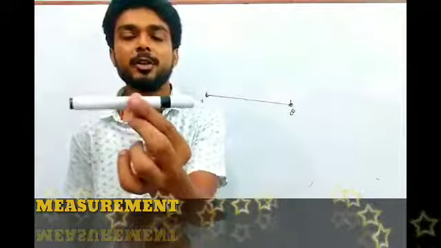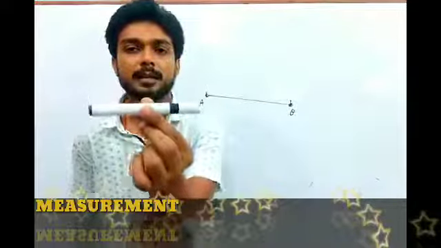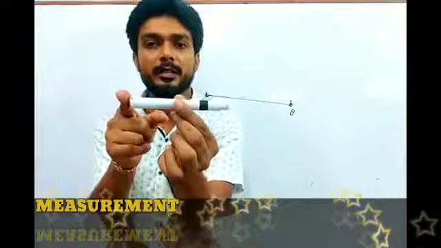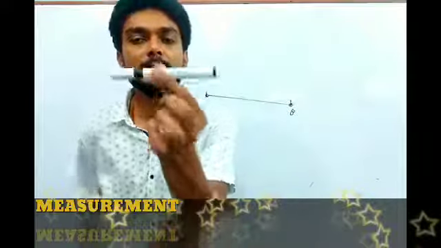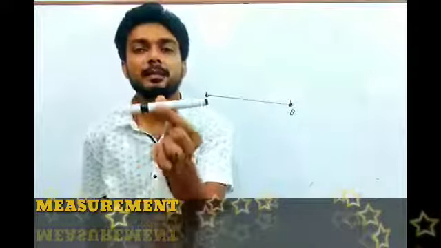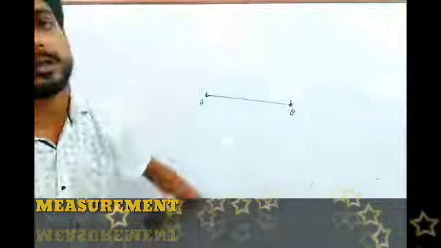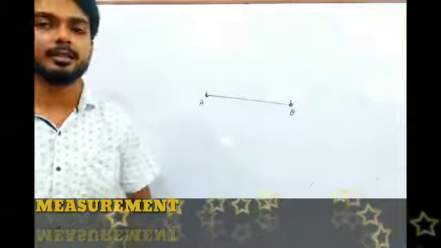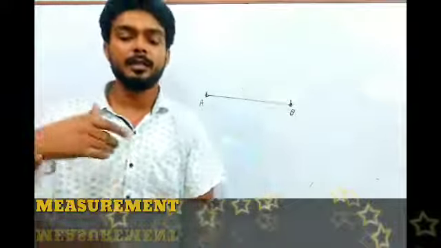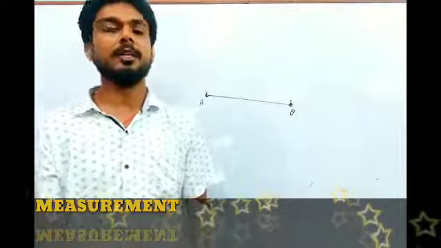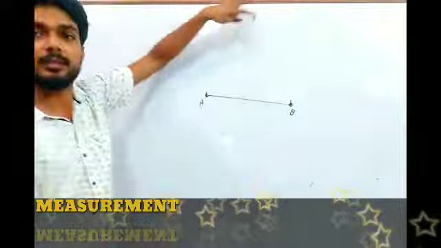Like the measurement of the length of this marker, you can reach the point and easily, using a meter scale, you can measure its length. For example, to measure the height of this whiteboard, you can easily use an inch tape or meter scale, or any type of measuring scale.